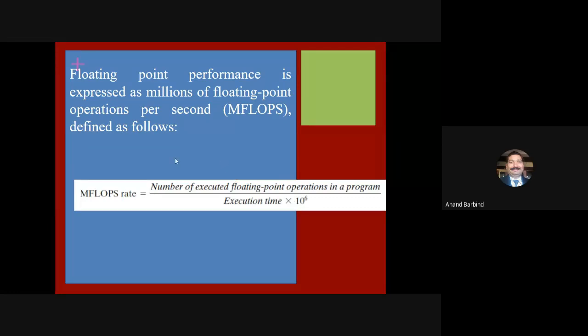So that gives you the mFlops rate for a particular processor, and you can compare the mFlop rates for different processors or computers, and then compare the performance of those computers.